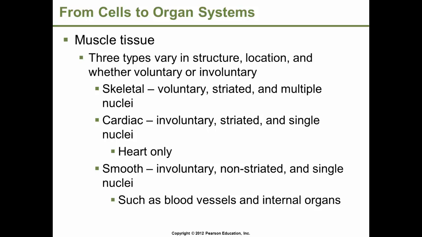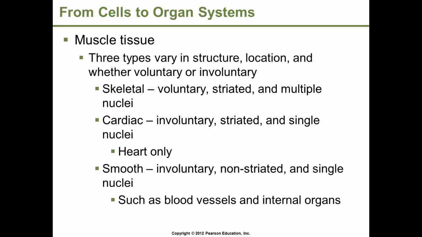Muscle tissue, there's basically three types that vary in structure, location, and whether they are classified as voluntary or involuntary. We have the skeletal muscle, which is voluntary. It's striated, which occurs because of the arrangement of proteins within the cell, giving it that striated appearance. And it has multiple nuclei, meaning that it has more than one nucleus.